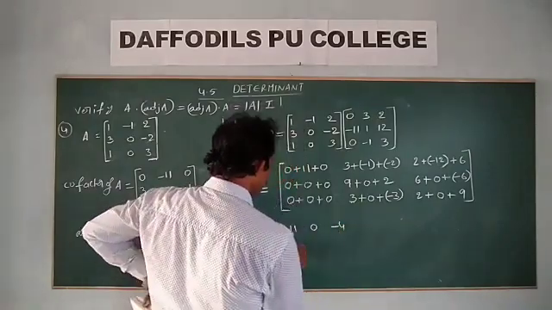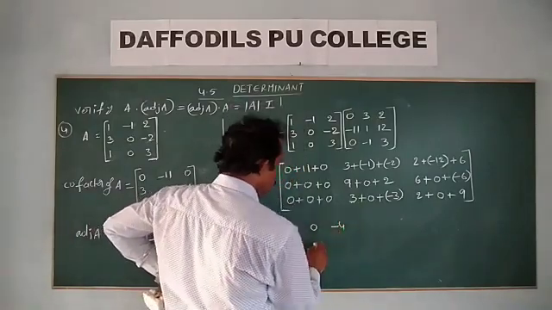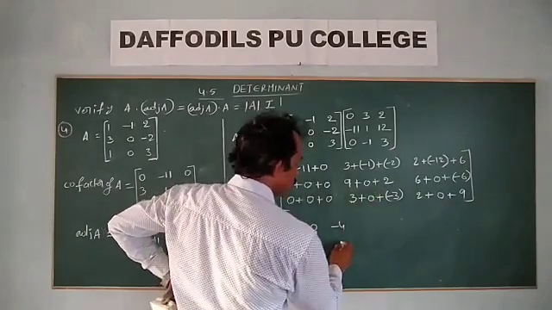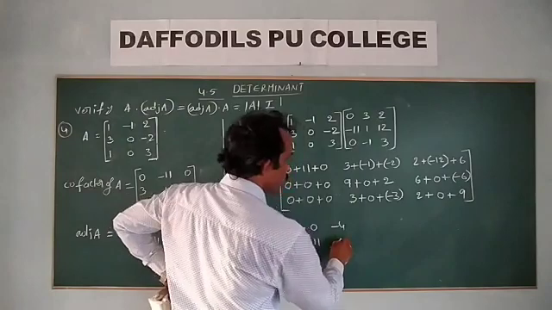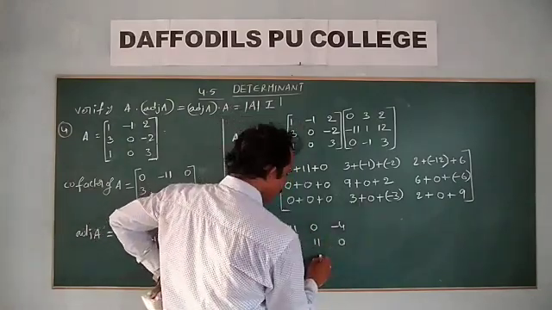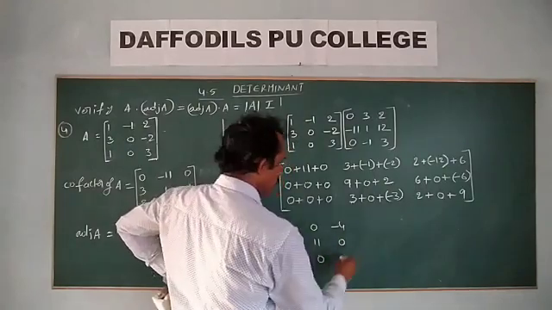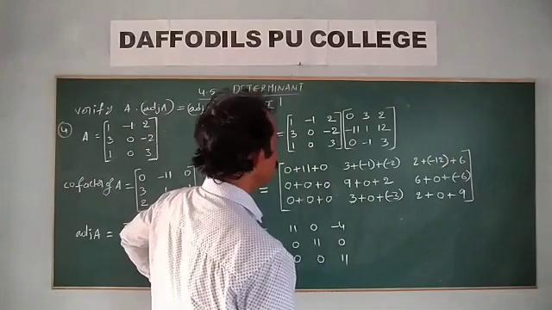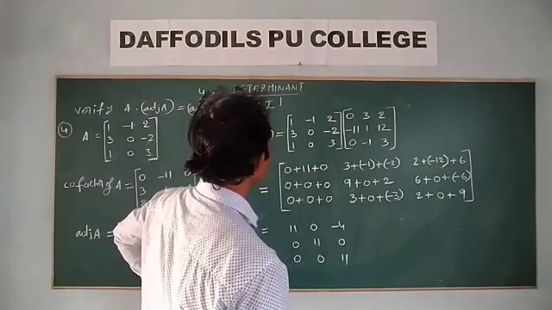This should be 0. 3 minus 3 is 0, 9 plus 2 is 11. So here also we want 0, so there is a mistake.